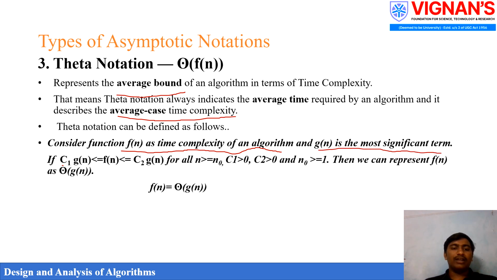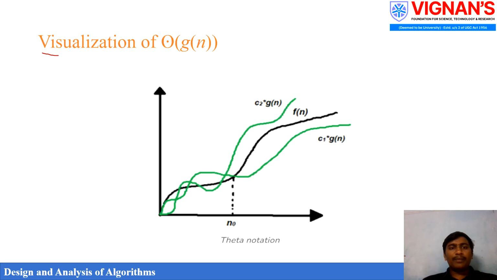If c1 into g of n is less than or equal to f of n less than or equal to c2 into g of n, the function shows f of n equal to theta of g of n. The graph represents the visualization of theta of g of n: c1 into g of n is less than or equal to f of n and greater than or equal to c2 into g of n.